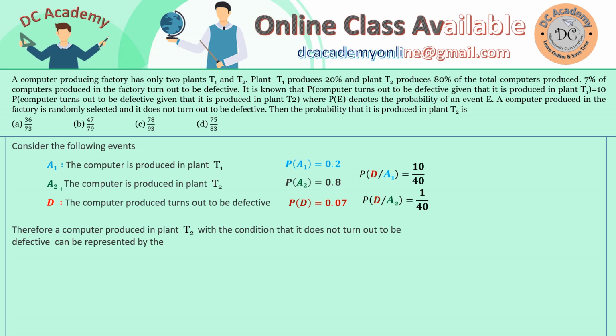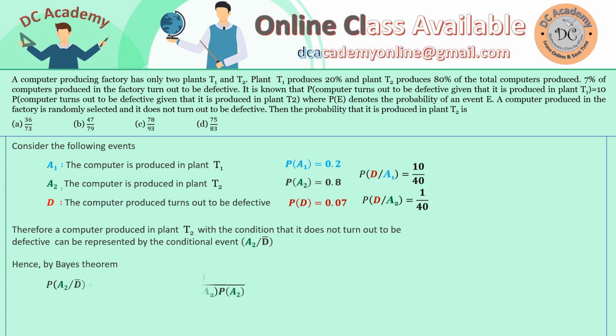It can be represented by the conditional event A2 under the condition that it does not turn out to be defective, that means D complement. So we need to find the probability of A2 under the condition of D complement. By Bayes theorem, A2 given D complement can be written as the probability of D complement under the condition A2 times the probability of A2, divided by the total probability. So that's the problem.